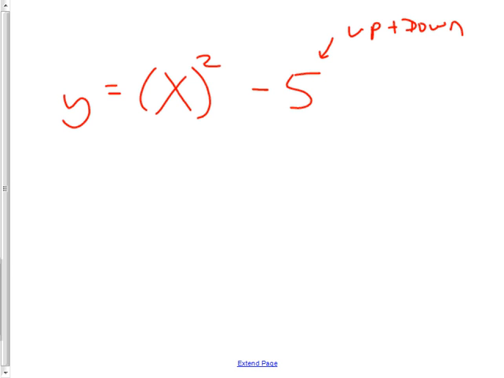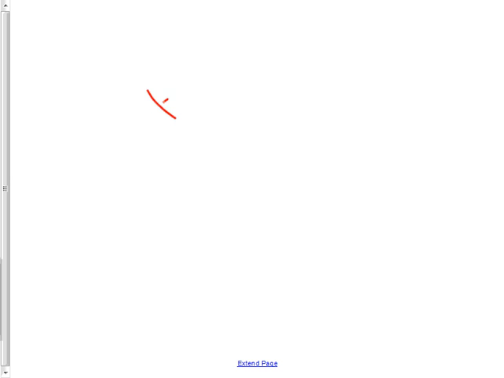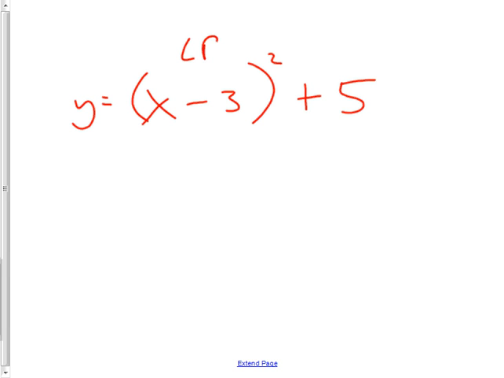All right, so to sum it up for you, if I had this, let's go with parentheses. Do you get it's moved left, right, and it's moved up, down? Do you get that the stuff on the inside you can't trust? Stuff on the outside you can? If it's left, right, which one is it?